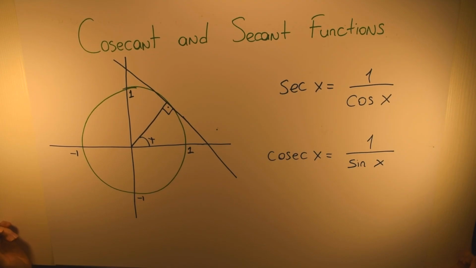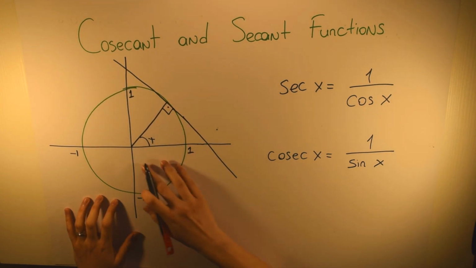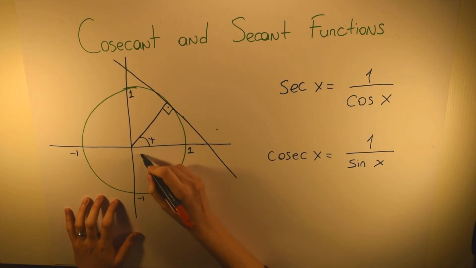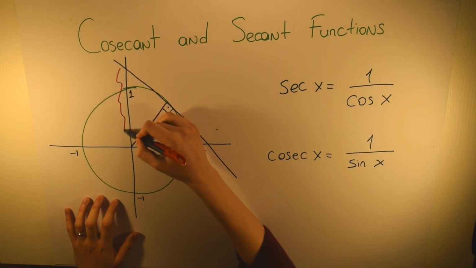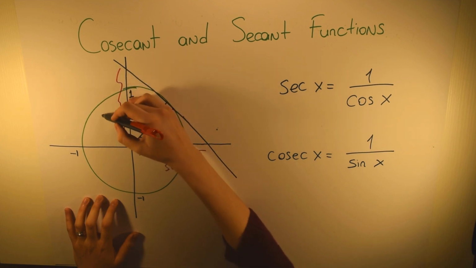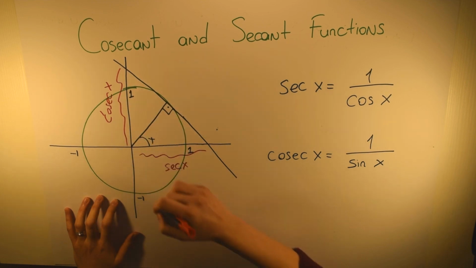Let's continue with the cosecant and secant functions. When you draw a tangent line here, the length on the x-axis is your secant x, and the length on the y-axis is your cosecant x.